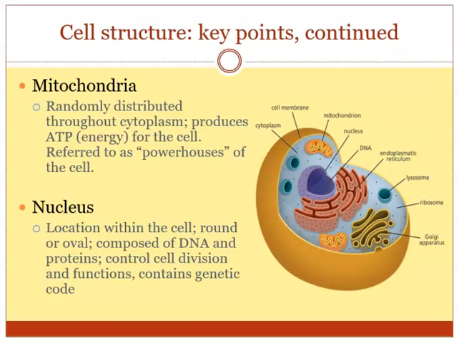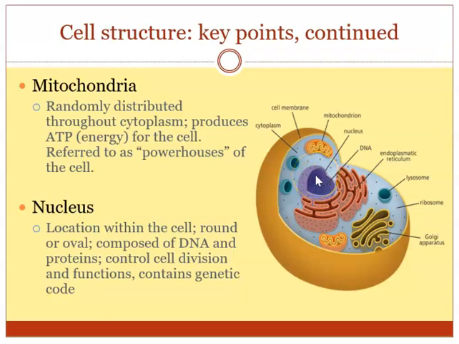Okay, the next structure is the nucleus. It's usually located towards the center of the cell, and it can be either round or oval in structure. And this purplish structure right here in the center is representing our nucleus.